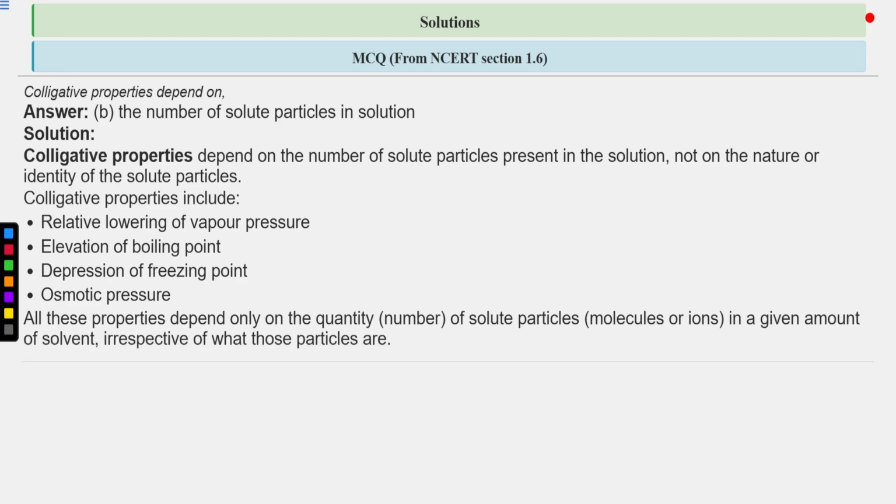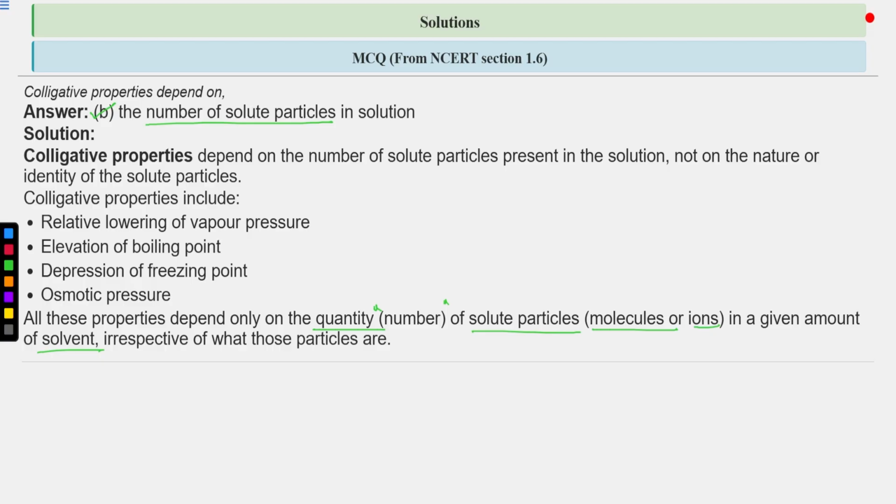All these properties, which come under the colligative properties, depend only on the quantity, the number of solute particles. Solute particles include molecules or ions in a given amount of solvent, irrespective of what those particles are and what their nature is. So colligative properties depend upon the number of solute particles present in the solution, and hence the correct answer is option B.